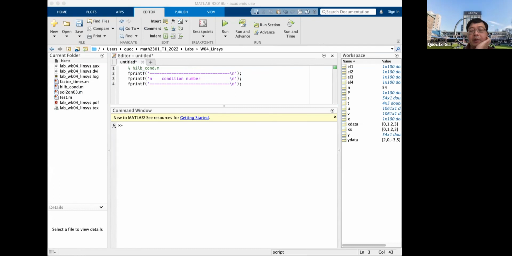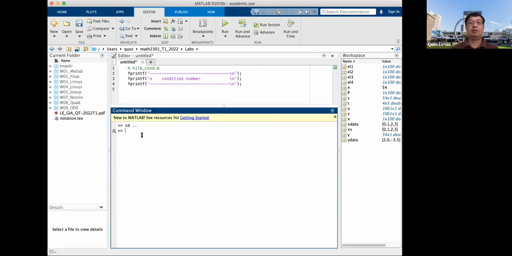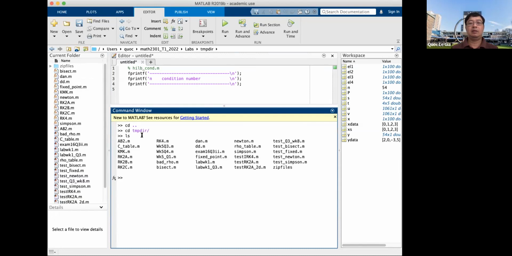Now how do you print out line by line? How do I print out line by line? Anyone?